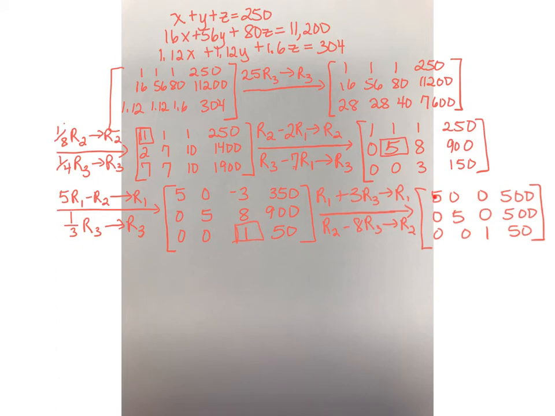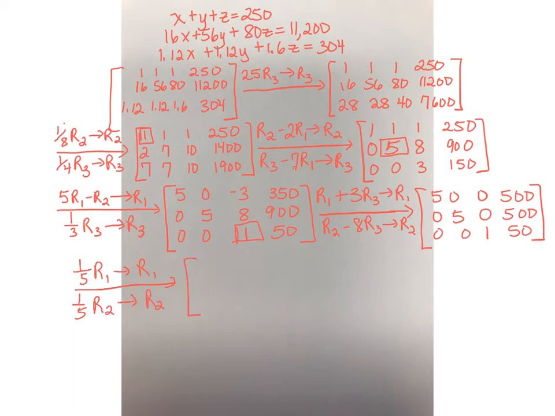The only thing we need to do is get this 5 to be a 1, that 5 to be a 1, but thankfully this 5 and 500 have 5 in common, so we can multiply each row by 1/5, and that will make this 5 a 1. So 1/5 times row 1 to get a new row 1, and 1/5 times row 2 to get a new row 2.